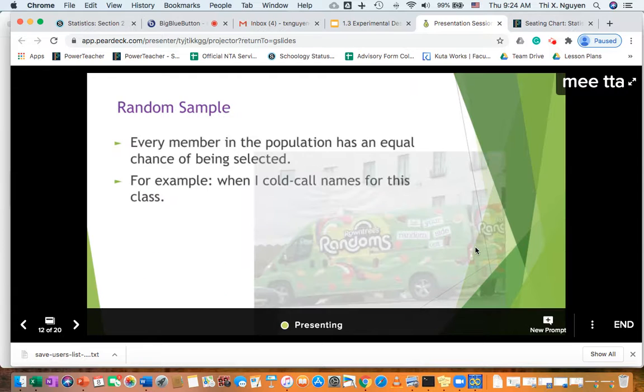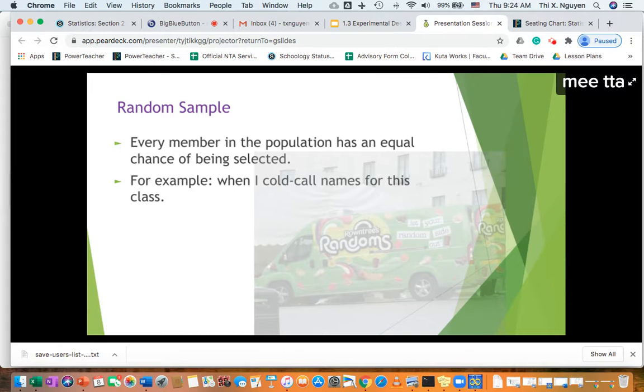Look at the first one. Random is every member in the population has an equal chance of being selected. Random does mean you don't have any system in your mind. Like, I'm just going to get someone to do this example. So for example, if I'm going to cold call someone, if I say, Rudy, can you tell me what you think? Or I can say, Cheyenne, can you share the answer? Right?